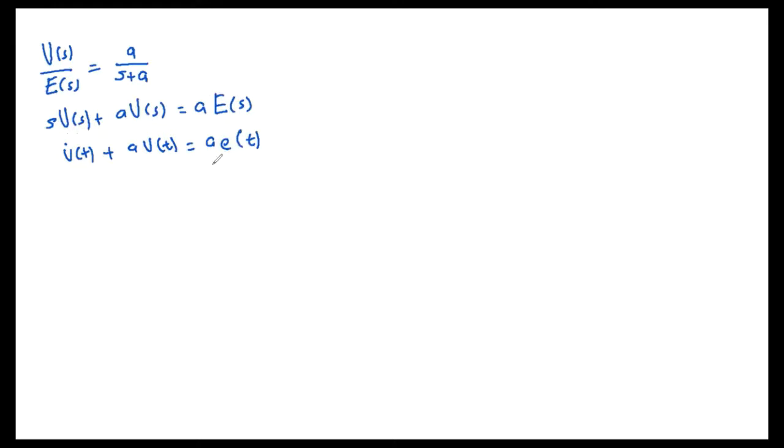Now we can take a discrete form of this, where instead of t we replace it with kT, where k is the sample number and capital T is the sampling period.